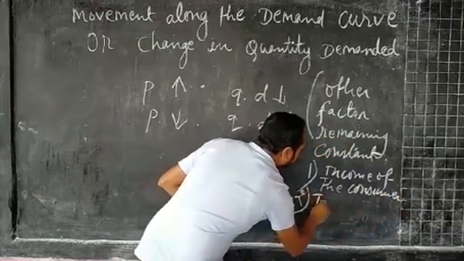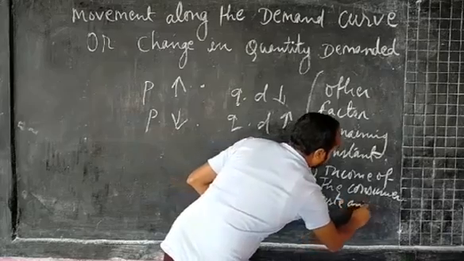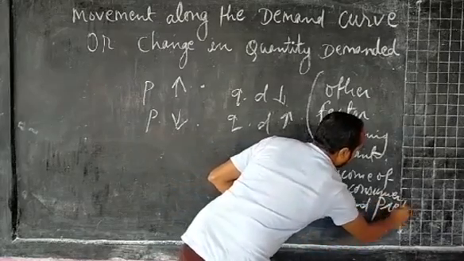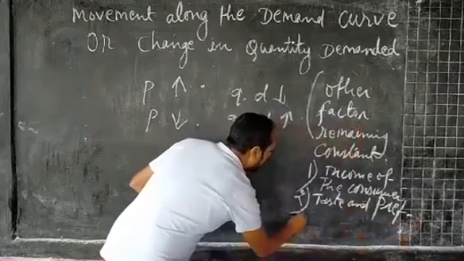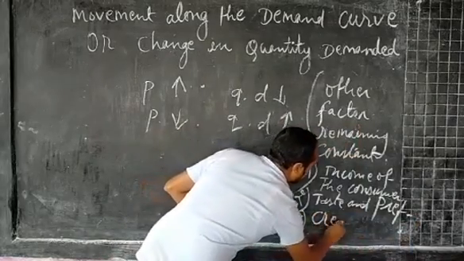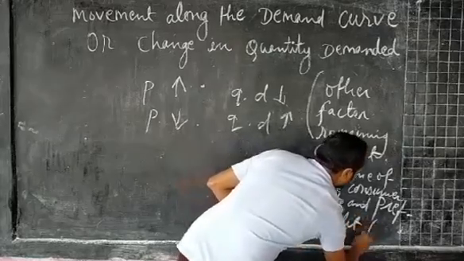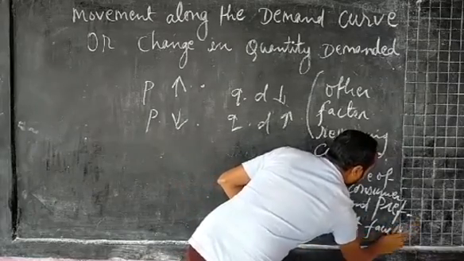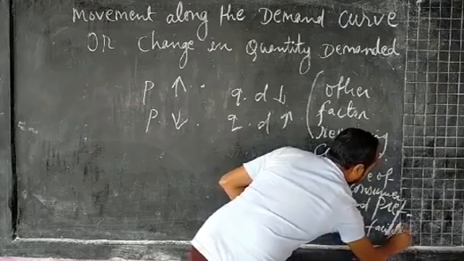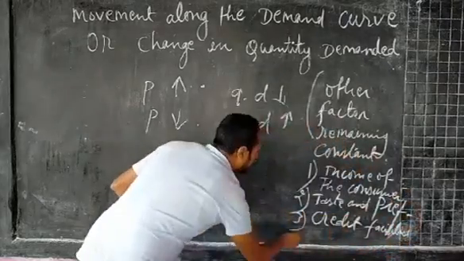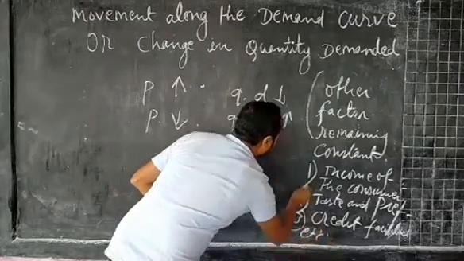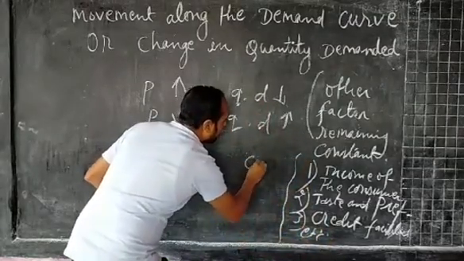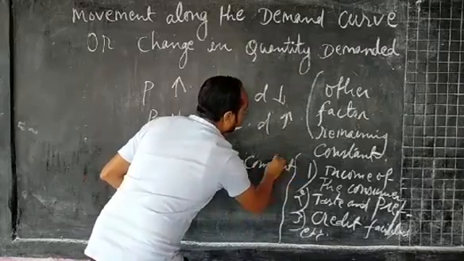Number two, taste and preferences, credit facilities, etc. These factors will remain constant.